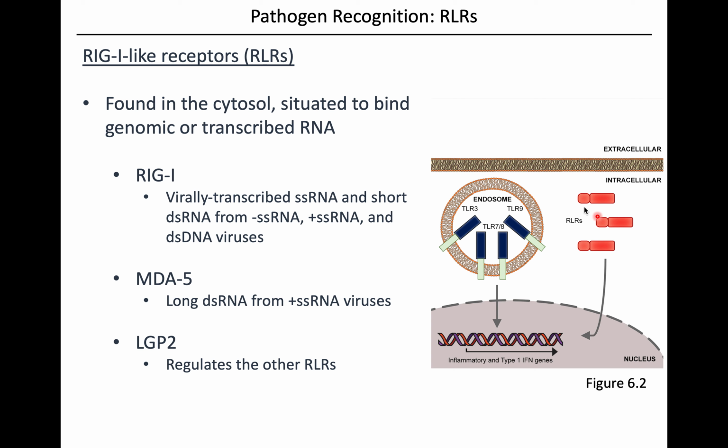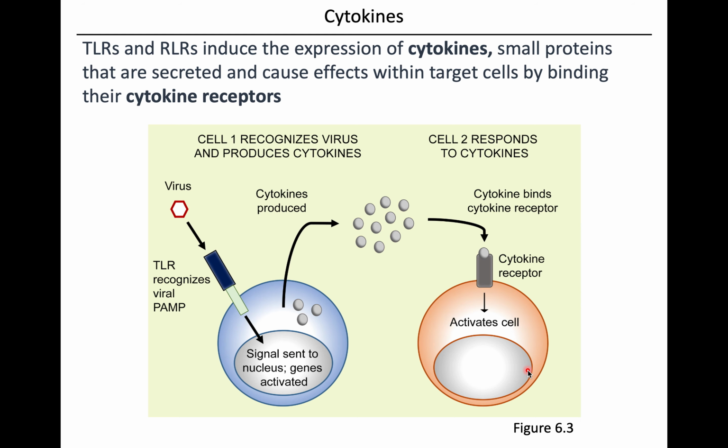But just to point out before we go on, what you'll see here, for example, is these either TLRs or RLRs. Once they get activated, you have arrows pointing towards the nucleus, and you see inflammatory and type 1 IFN genes. So this is really referring to cytokines.